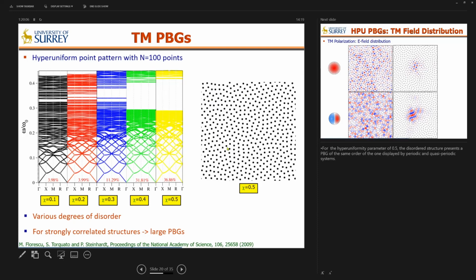This is a very large photonic band gap present in a disordered structure. The structure is not completely random because there are correlations which do not let the points get too close to each other. In the meantime, there are absolutely no Bragg peaks in the diffraction pattern.